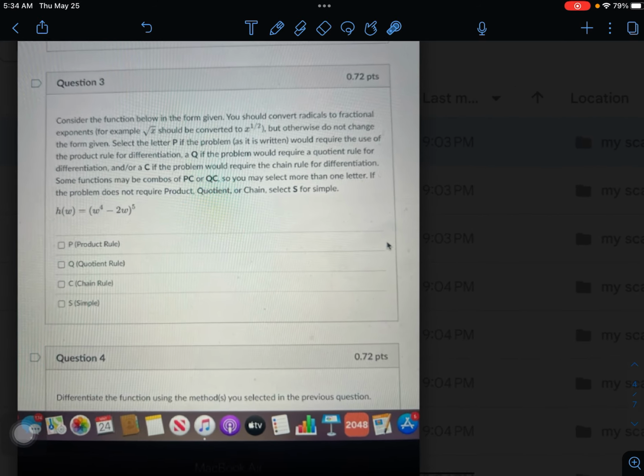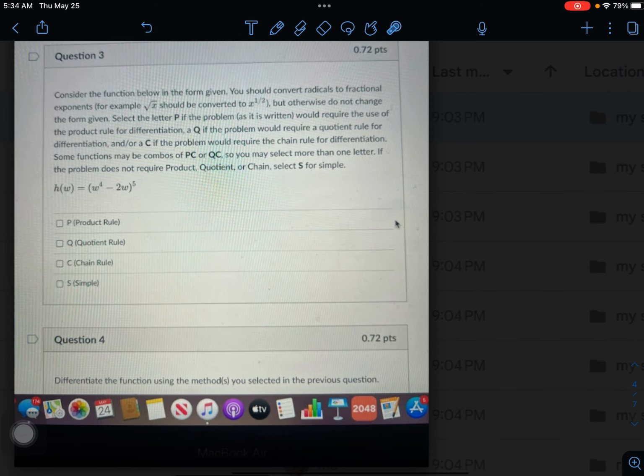Here we go. So now we're looking at this function, and we have to determine what rule we use to differentiate that. Is it the product rule, the quotient rule, the chain rule, or what they're calling simple, which is the power rule? This is the chain rule. And let me show you exactly what the chain rule is and how to recognize it.